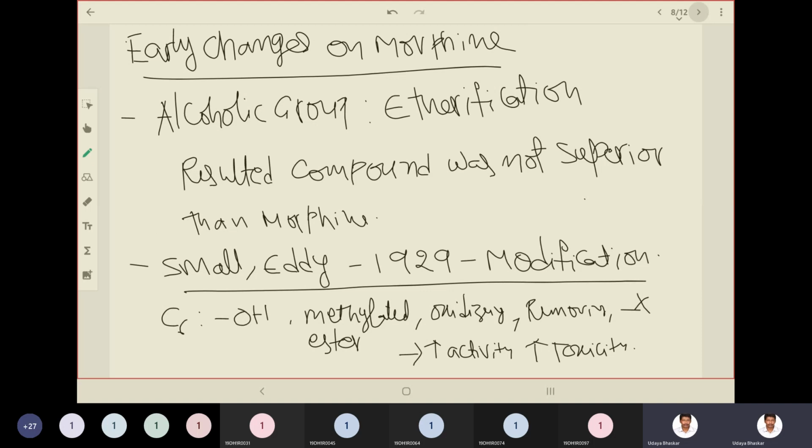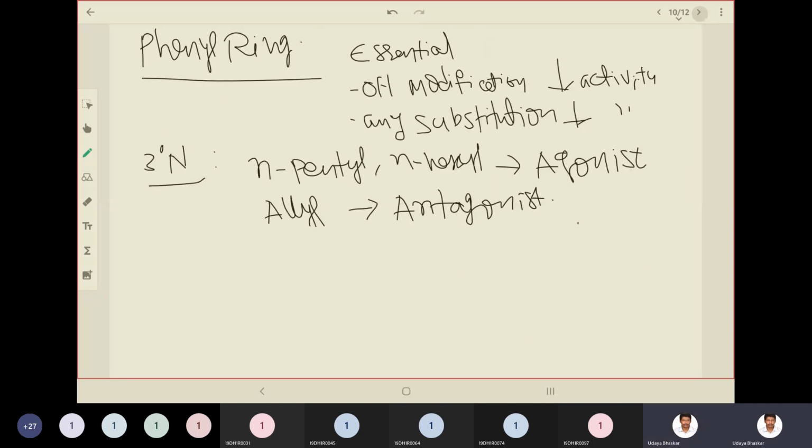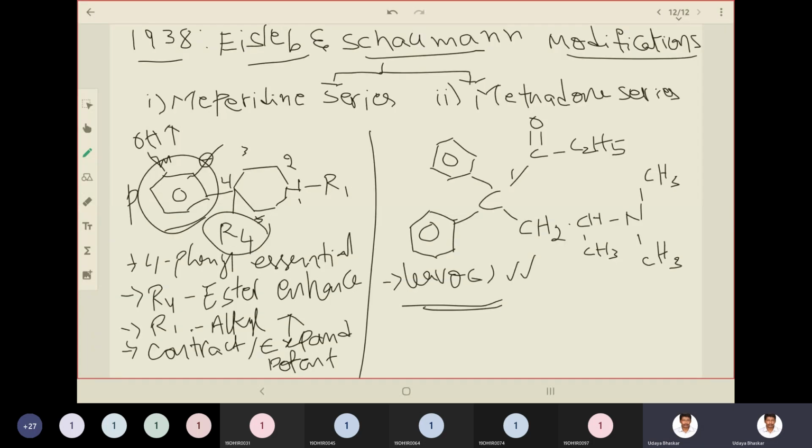So these were the early changes made, and Small and Eddy in 1929 did some modifications, and they came out with a few conclusions of structure activity relationships. Then Grewe followed in 1949 with benzomorphan and morphinan. After that, Eddy and Schumann did their work on the methadone series and meperidine series.